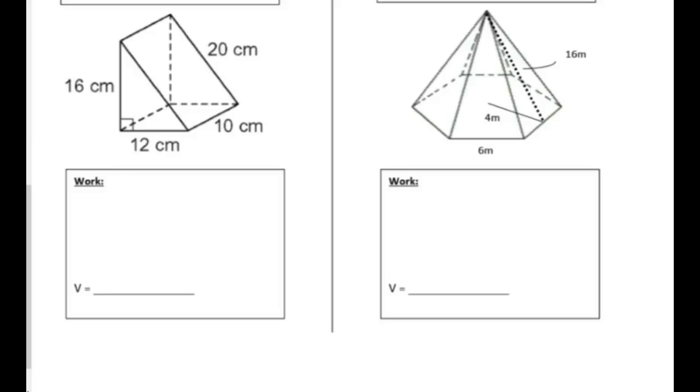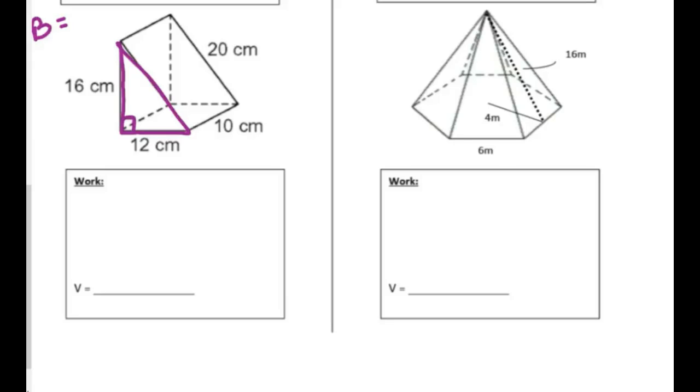So I need to figure out capital B, right? So my base shape is a triangle, right? So how do I find the area of a triangle? Okay, very good. So everyone needs to know this formula.